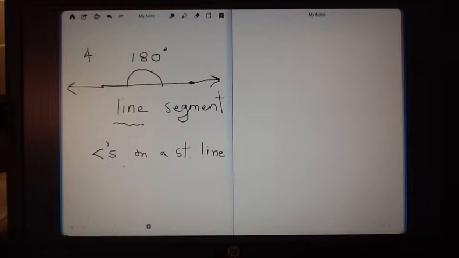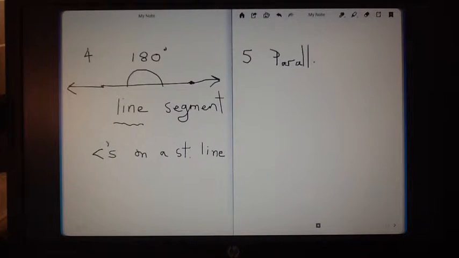Okay, let's see, number 5, I want to talk about parallel lines. So let's talk about parallel lines. I always got confused trying to spell it until I realized that the 2 L's in the middle are like parallel lines, so that's how I remember it, parallel. Okay, anyway.